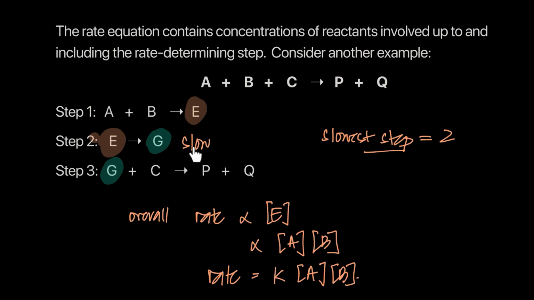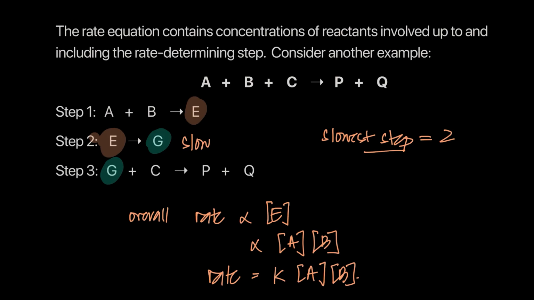And any reactant that comes after the slow step is never ever going to be part of the rate equation. That's why you've studied zero order reactions. If you notice here, C is a reactant but is not part of the rate equation, which means the order with respect to C is 0, or C is zero order. And why? Because it is occurring after the slow step.